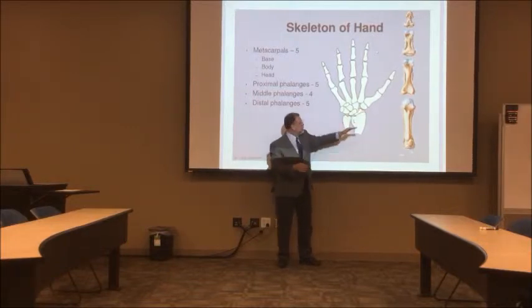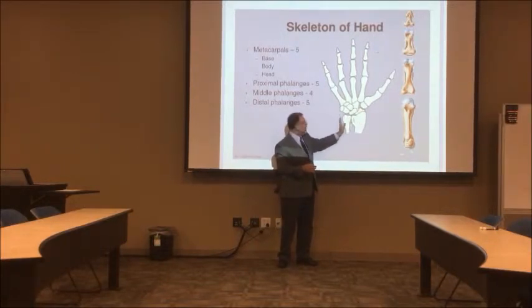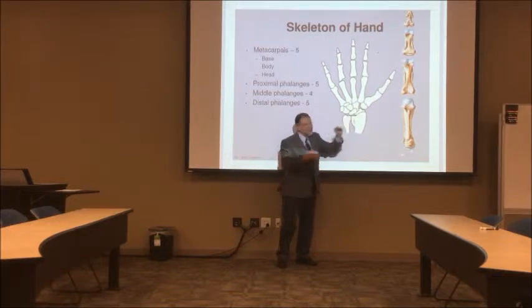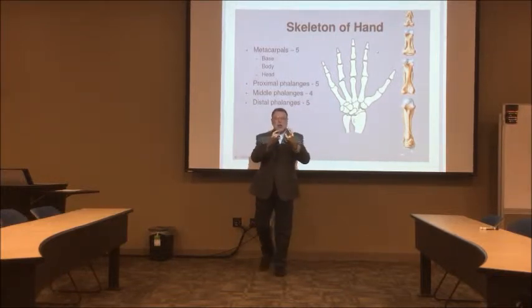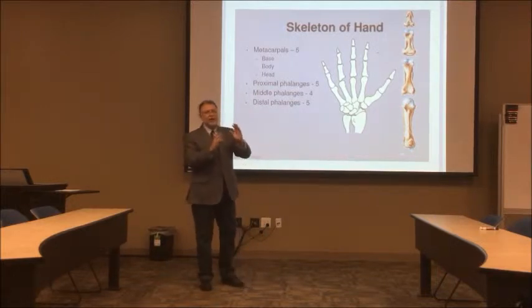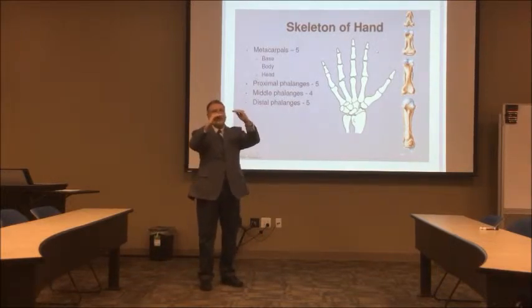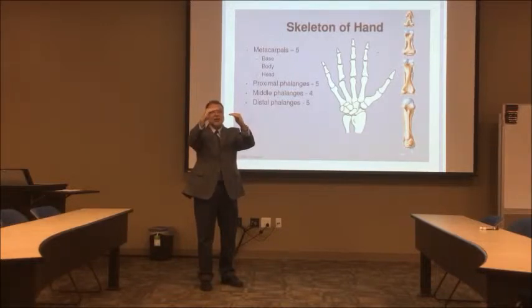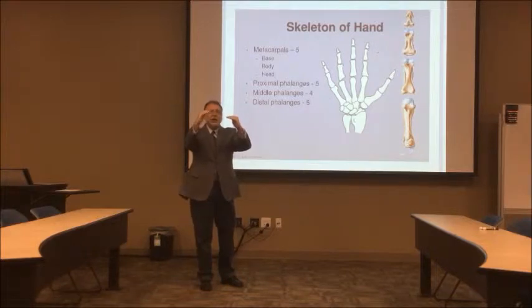And this is relevant when you happen to have fractures or dislocations, because you have to consider what is called ulnar variance. Ulnar variance means the distance between the radius and the ulna. If the ulna happens to be higher than the radius, it's called ulna plus, or positive variance.